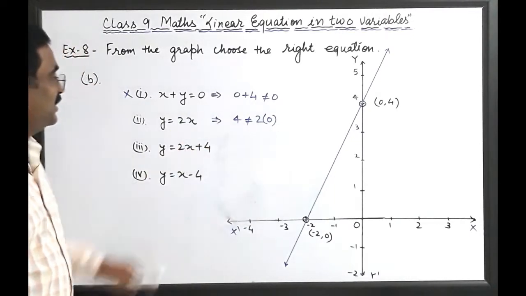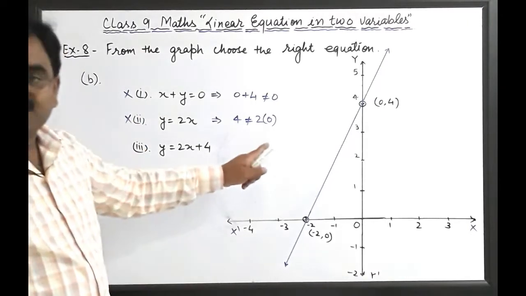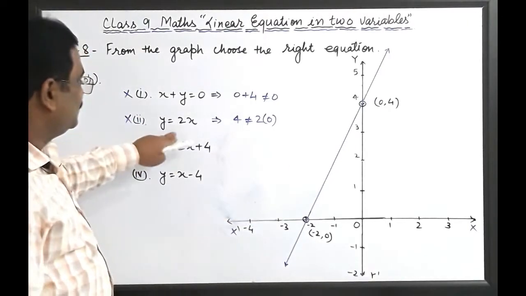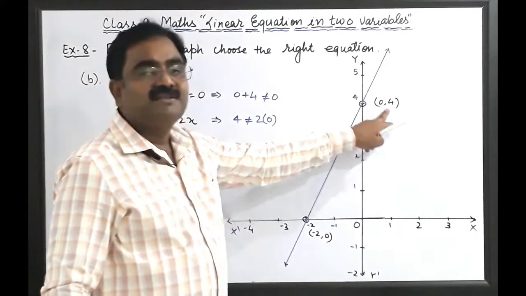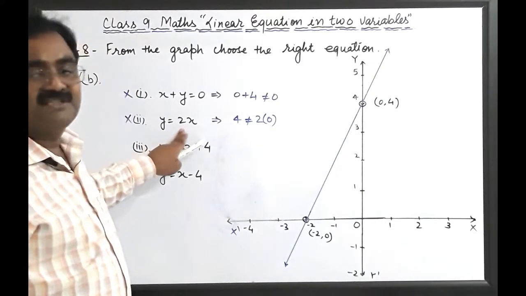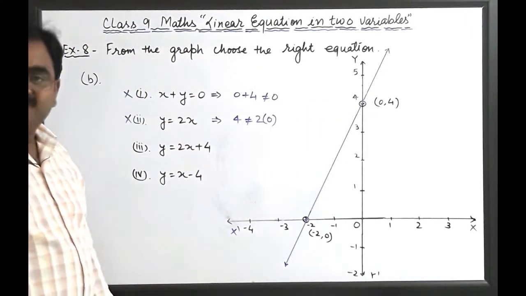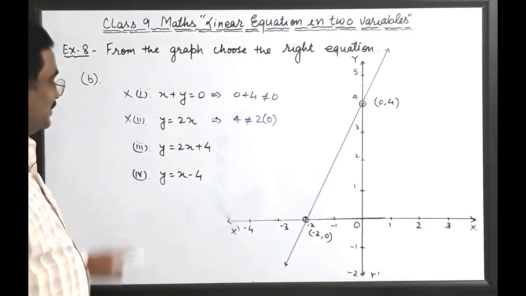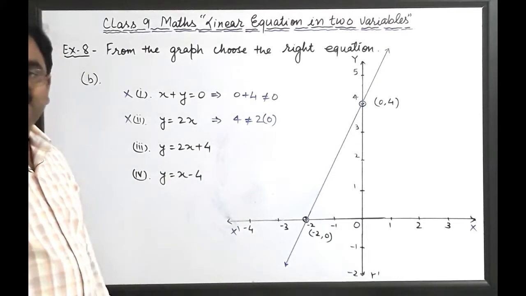If they are not equal, it means this is also not our required equation of this given line. Why? Because this point does not satisfy this equation. It means this is not the solution of this equation. Understood? Now let us check the third equation, which is y is equals to 2x plus 4.